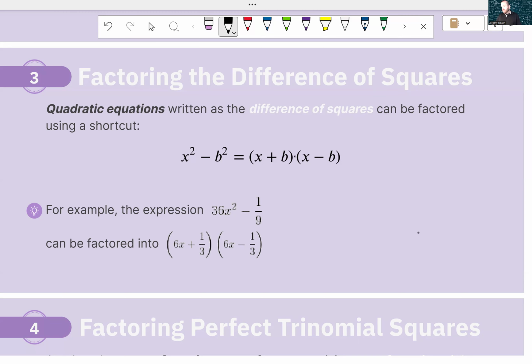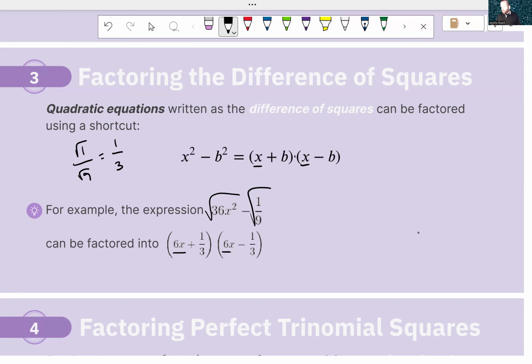36x squared minus 1/9. The first thing we're going to do is find the square root of each of these. The square root of 36x squared is 6x. So we write those there for our first term. And then the square root of 1/9, that's the square root of 1 over the square root of 9, and that's 1 over 3.